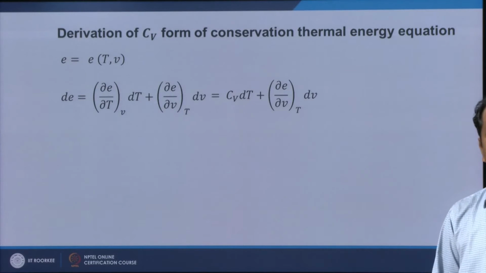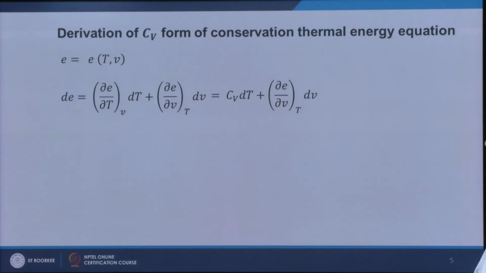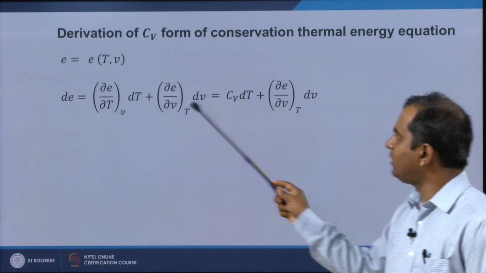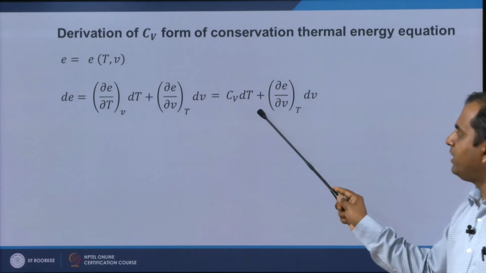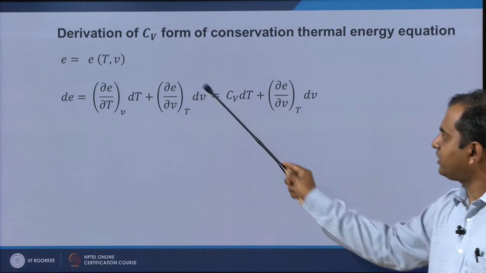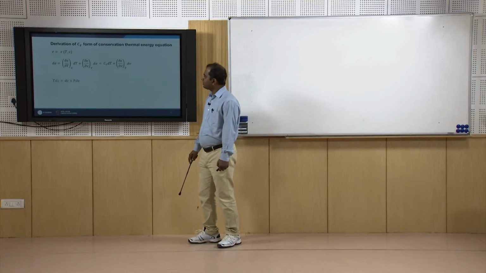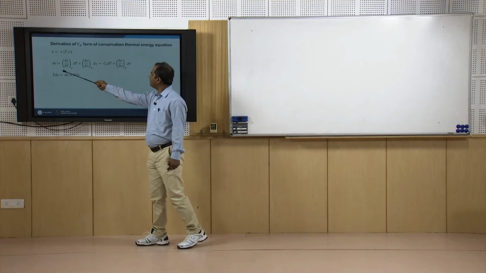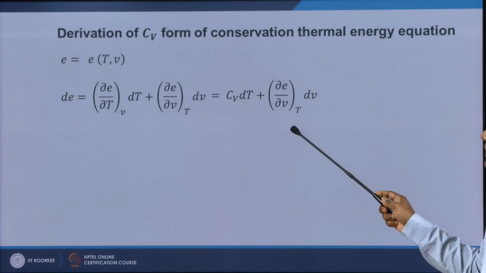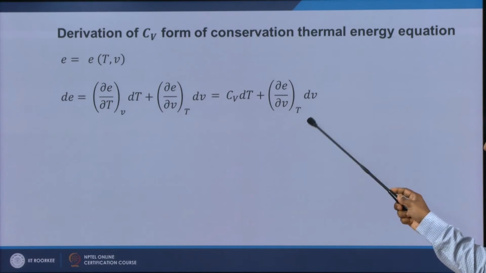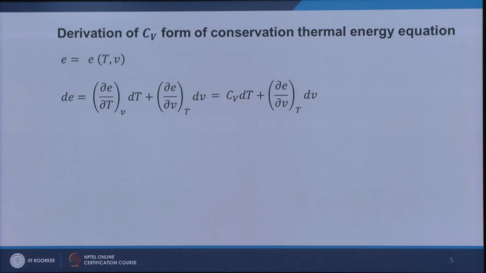You can relate that to your CV. So, I can write down CV. Okay. So, dE equals CV into dT will remain as it is, and the second term for the time being we have kept as it is over here. So, we have got dE equals CV into dT plus del E/del V at constant temperature into dV.